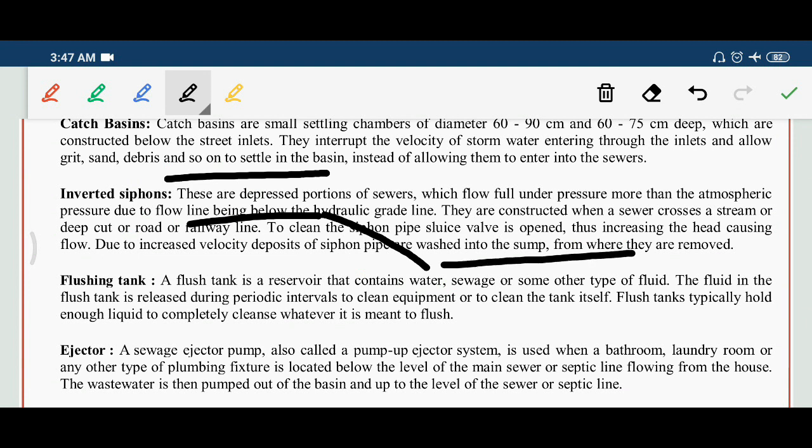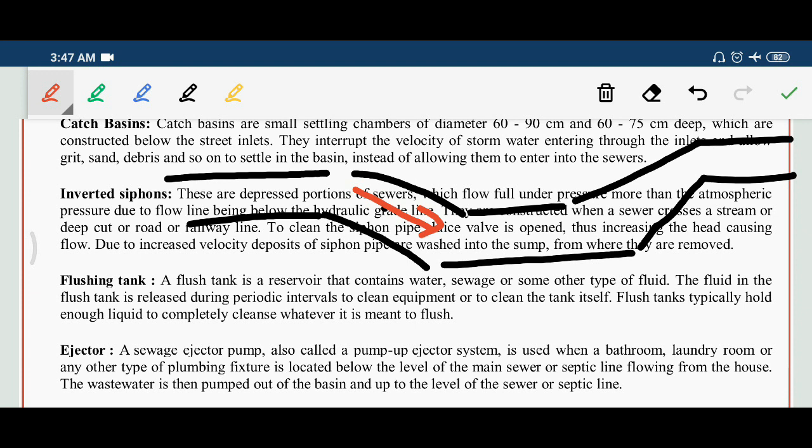So there will be a sudden variation of slope, you can call it gradient. So there will be an obstacle, and to avoid that they will provide an inverse siphon.